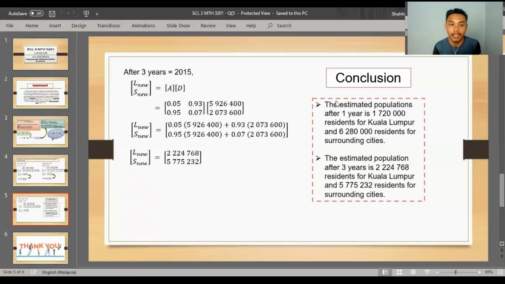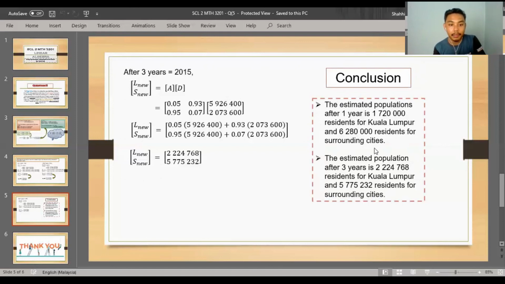So I can conclude here that we can estimate the population in Kuala Lumpur after 1 year will be 1.72 million residents, and in surrounding cities there would be 6.28 million residents.